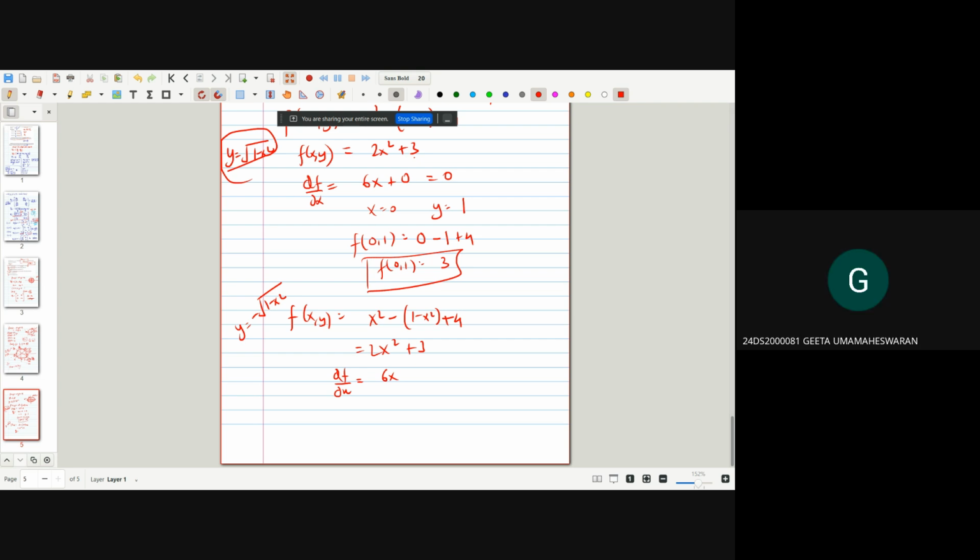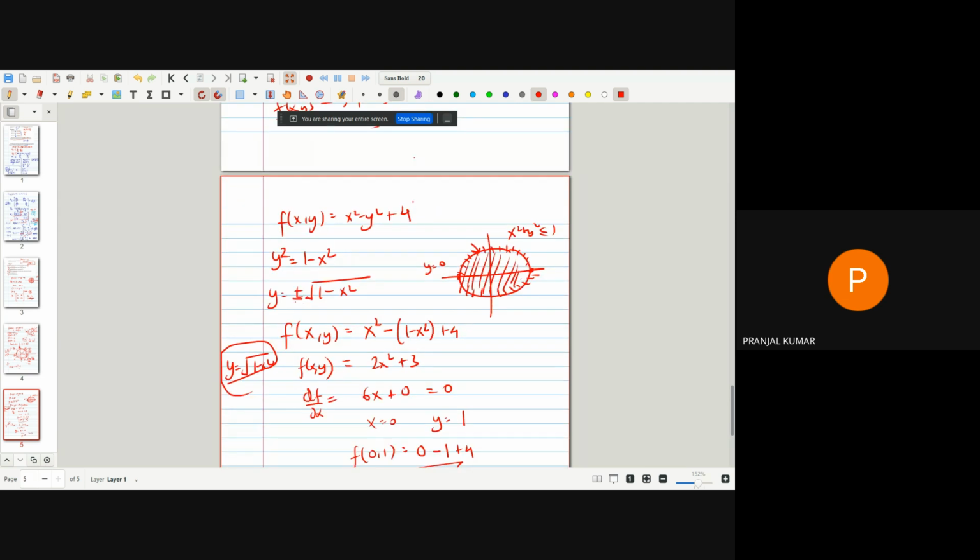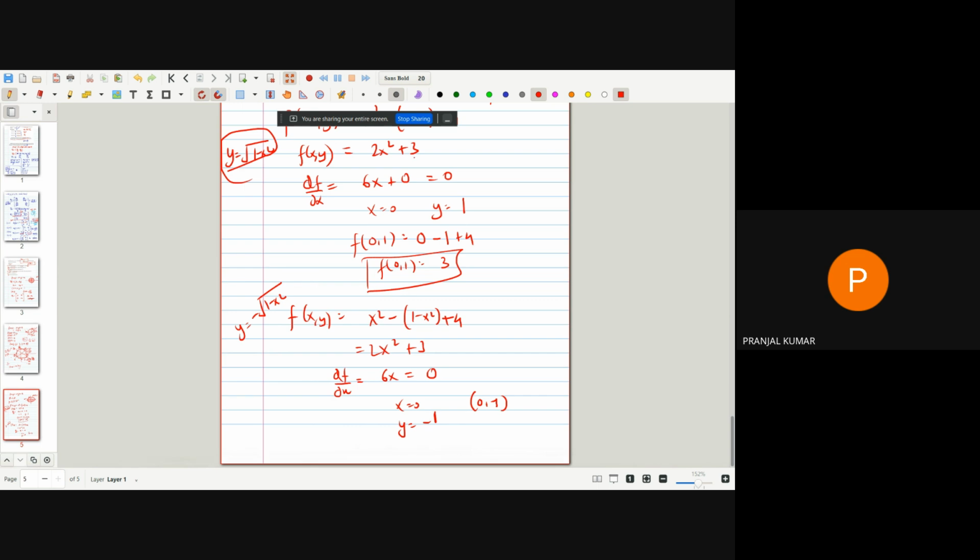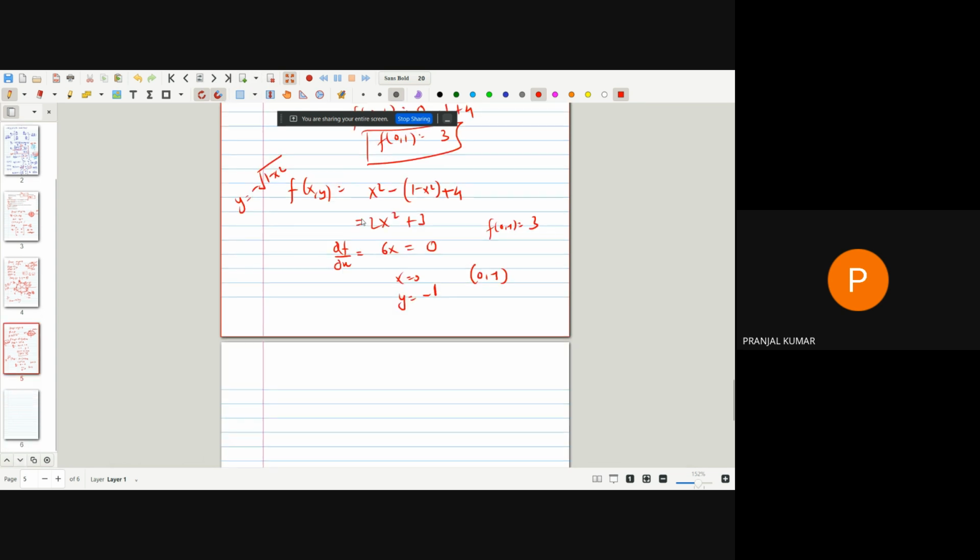So x is equal to 0, y is equal to minus 1. So you are getting the point 0 comma minus 1, and f of 0 comma minus 1 would again be 3.